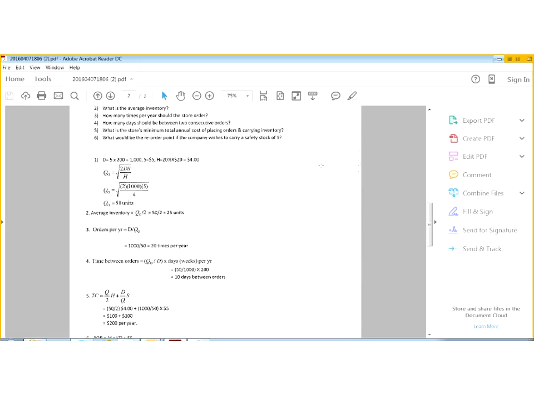So it's going to be our EOQ divided by the annual demand. So that's essentially a ratio of those two things. But then we have to multiply it by the number of days that we work per year, or if the problem states that we have a certain number of work weeks, we would just multiply by the number of work weeks.